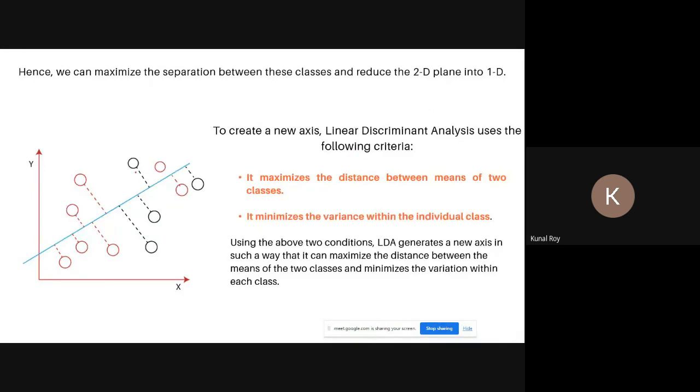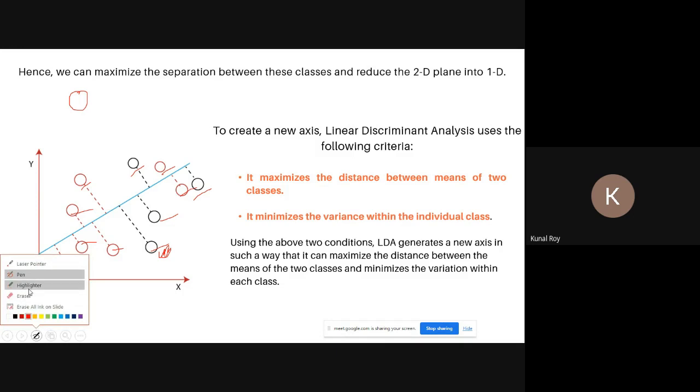So I have distributed the data into something, say we can say that these are one type of data and these are different types of data. But which data? Suppose we have a black circle and a red circle.